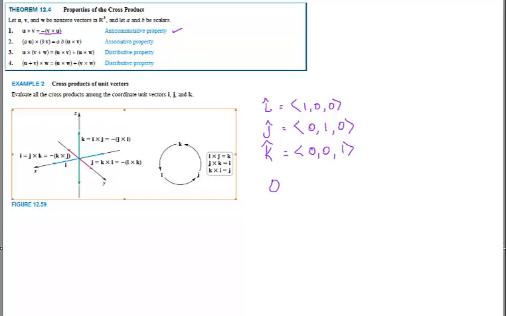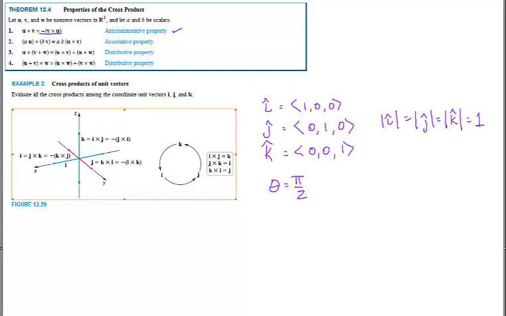That would mean that the angle in between them is pi over 2. If I look at any one of the magnitudes of i, j, or k, each of the magnitudes is just going to be 1. So I'll mark that down.